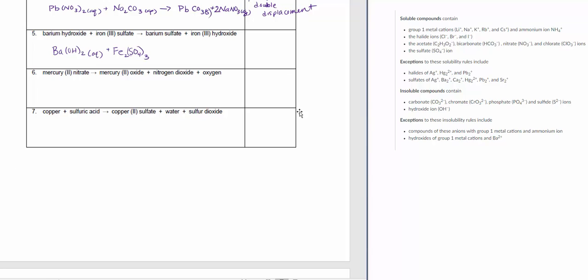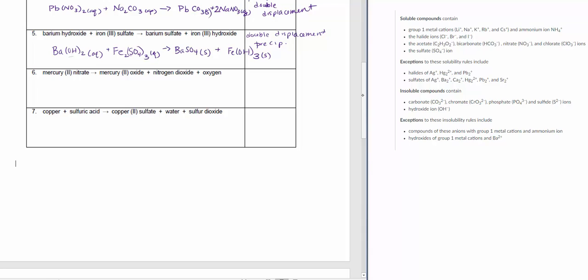Sulfate's usually soluble, so that is aqueous, and that will react to form barium sulfate, BaSO4, and that is insoluble, so that falls out as a solid, and iron hydroxide, Fe(OH)3, and that iron hydroxide, they're usually insoluble, so that is also going to be a solid. So this is a double displacement. This is also a precipitate reaction.